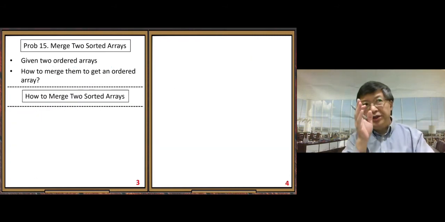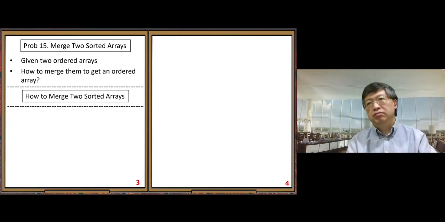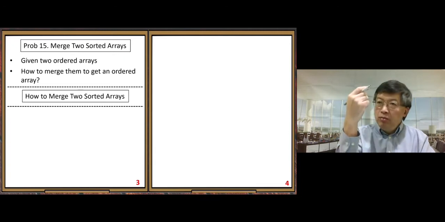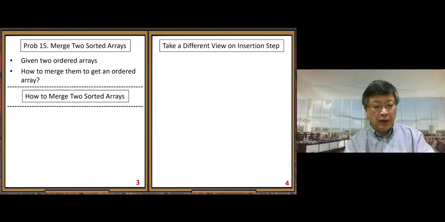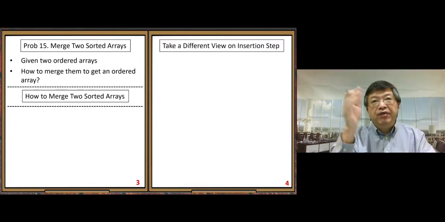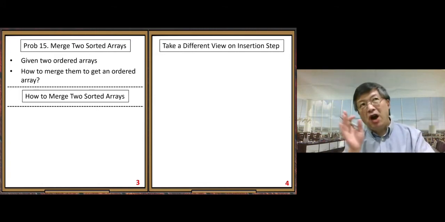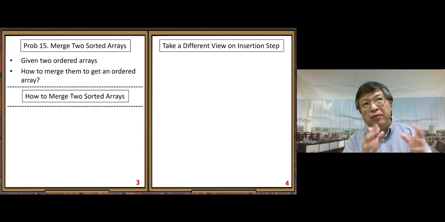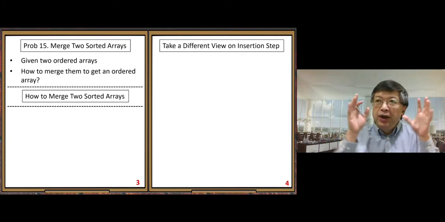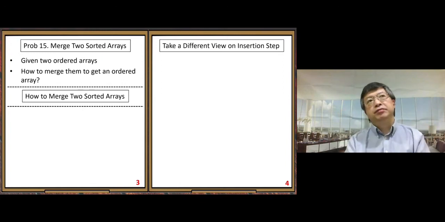Next, we need to look at how to use the idea of insertion sort to solve our current problem of merging two ordered arrays. All right. We need to take a different view on the insertion step. So let's start with the insertion step, but this time we need to adjust our view a little bit.